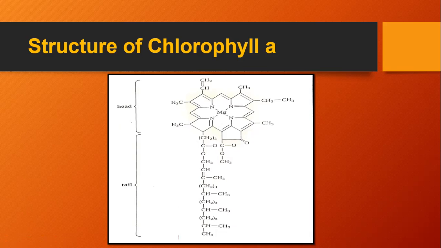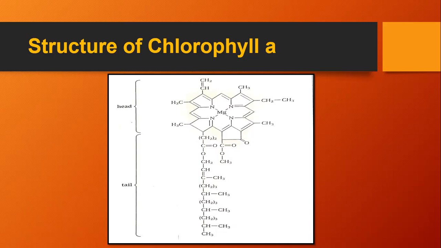If you remember the structure of the hemoglobin molecule, you can see in the heme group magnesium is also present in the center. Same is the case over here. So this head portion of the chlorophyll A molecule, a ring structure, is called the porphyrin ring, in which a magnesium atom is present in the center.